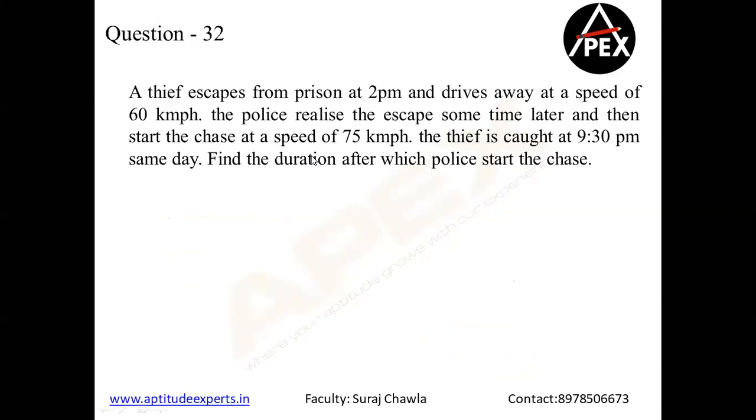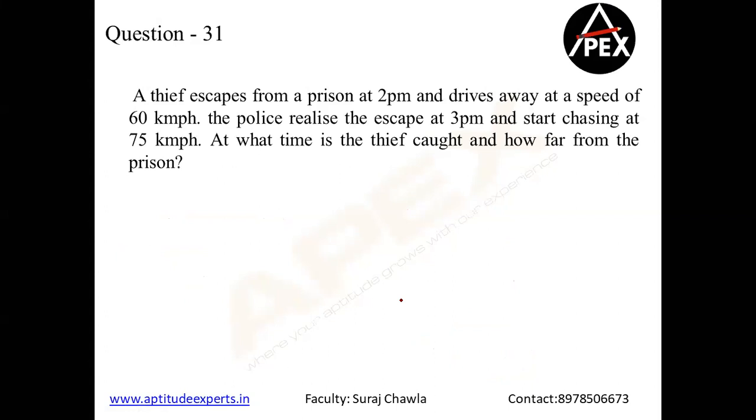Yep, 32. What is the doubt? Somebody was asking what is the difference between 31 and 32. There's no difference. The only difference is the calculations are different. In 31, I am given the time at which police started, I am given the time at which thief started.